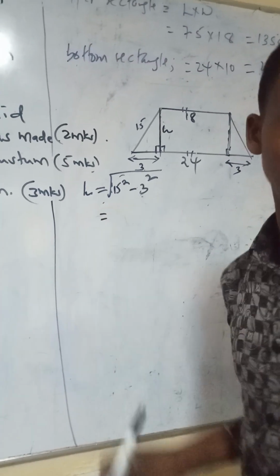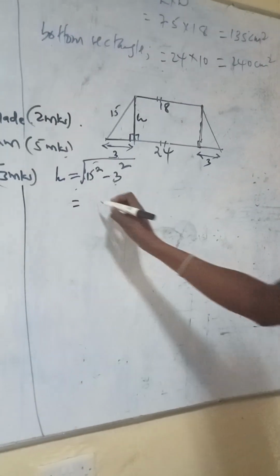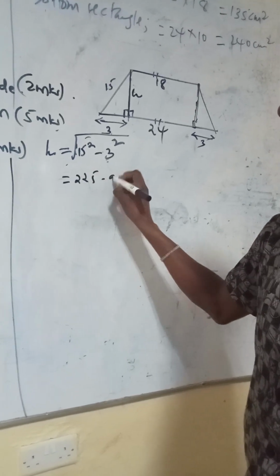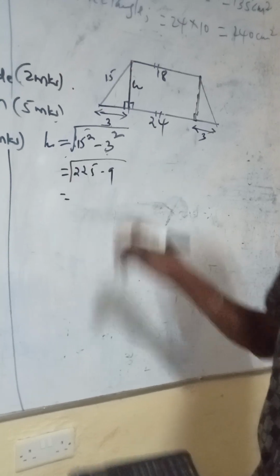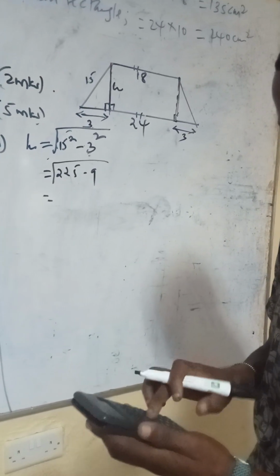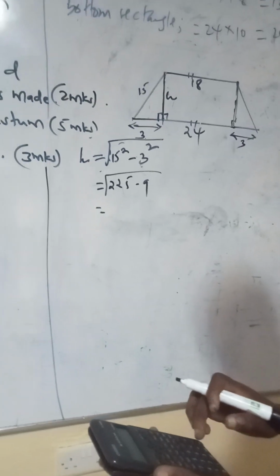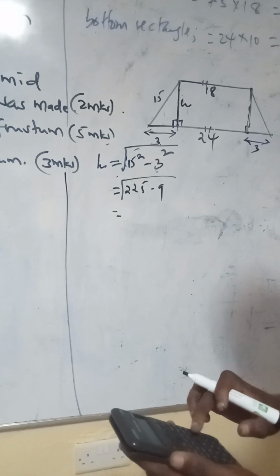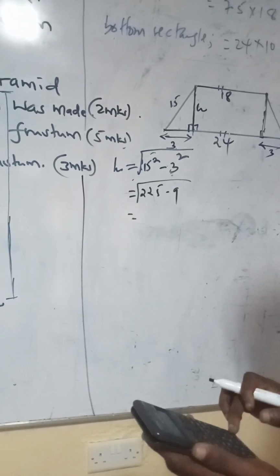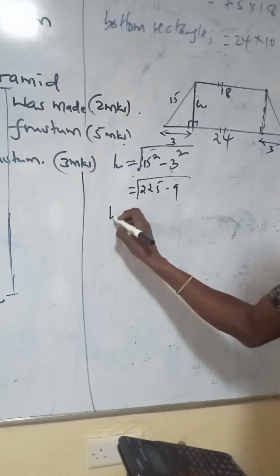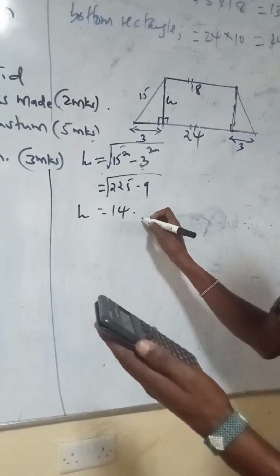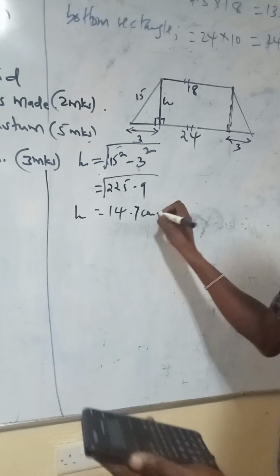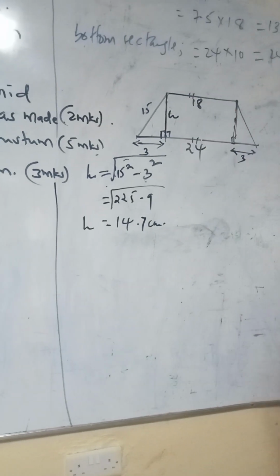So this will be 225 minus 9. So height will be equal to 14.7 centimeters. So that is the perpendicular height.